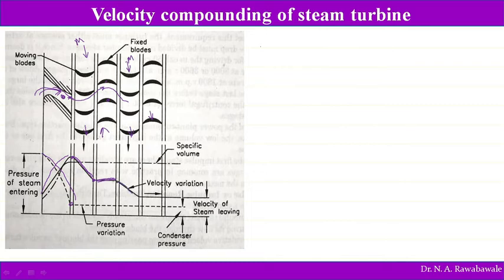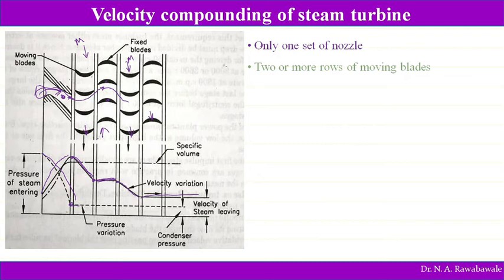Again velocity is reduced, so velocity finally reaches stagnation, whereas pressure falls suddenly in the single stage. So this is known as velocity compounding. Only one set of nozzle is provided here, and two or more rows of moving blade are provided.